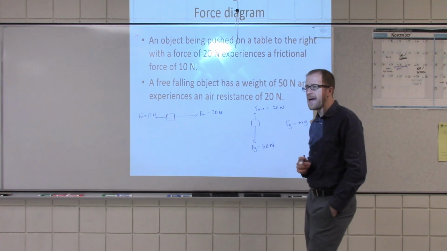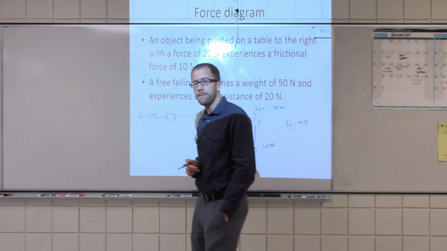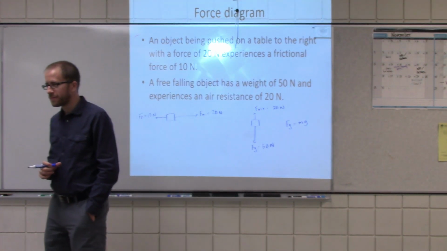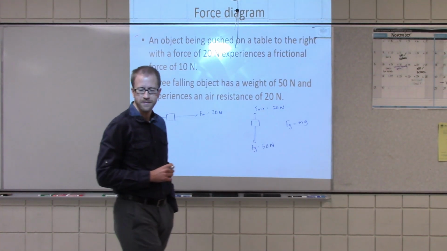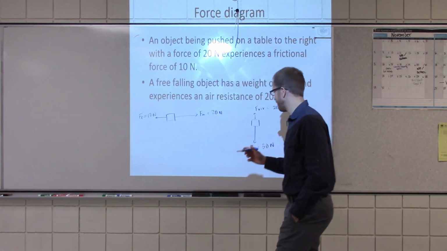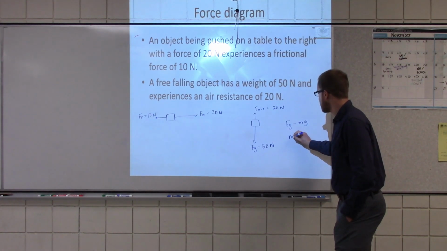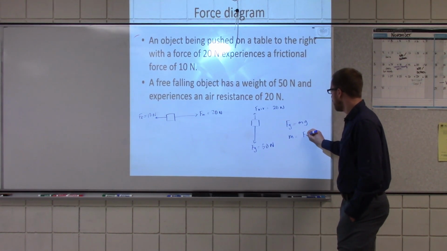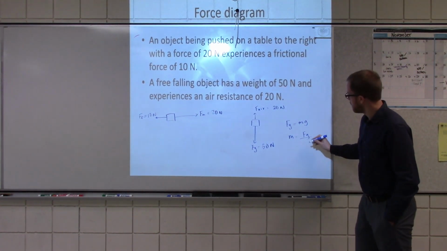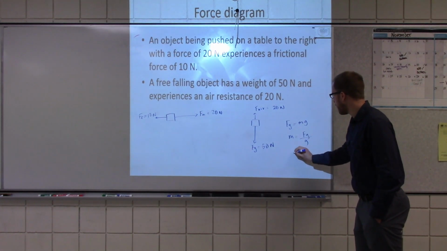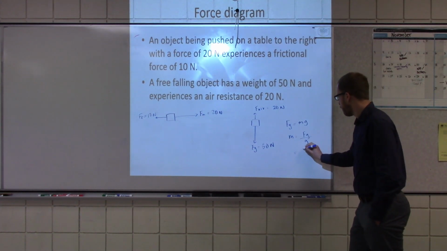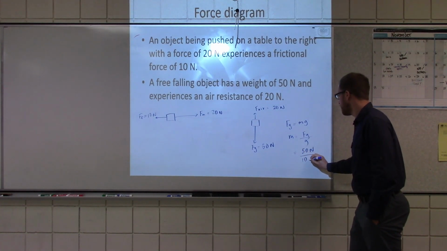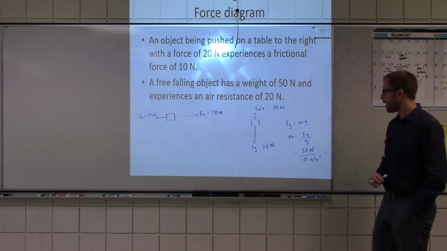How do I solve for m, our mass? Yeah, you're right. So our mass is going to be equal to our weight divided by our acceleration due to gravity. That is 50 newtons divided by 10 meters per second squared.